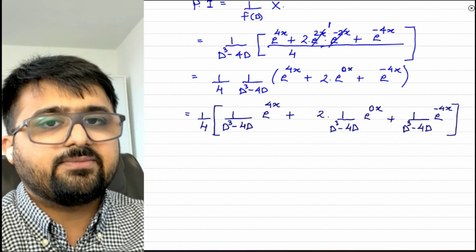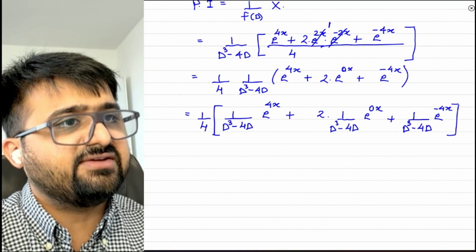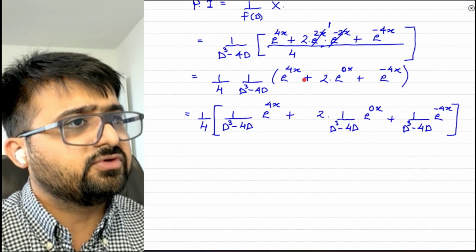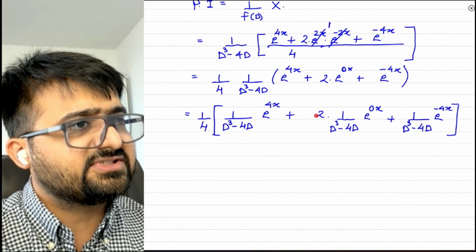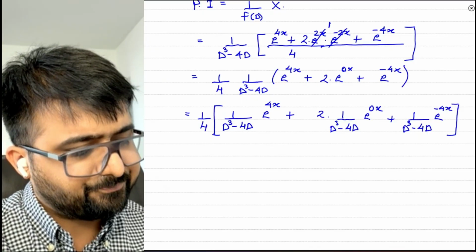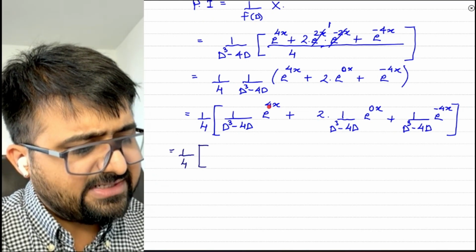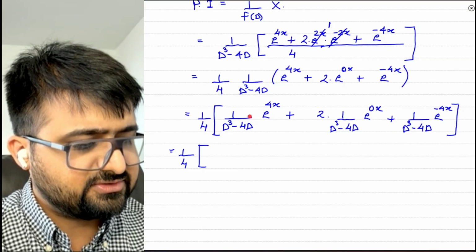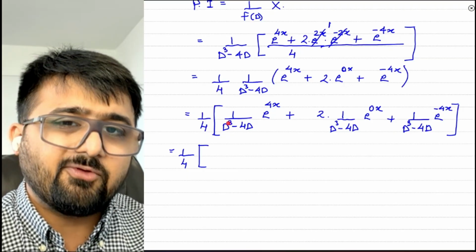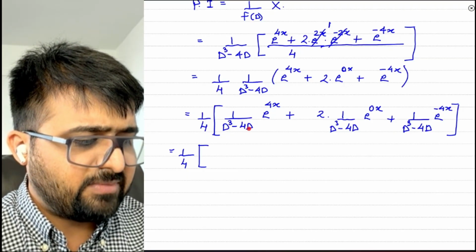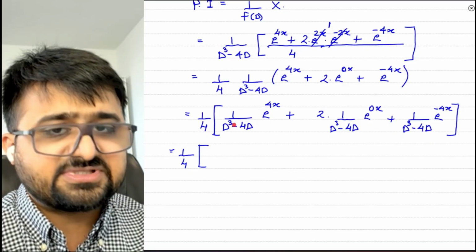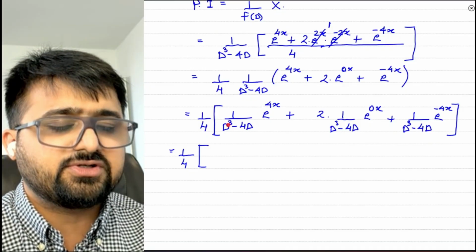I hope that makes sense so far. What I do is I give that operator to all of those functions, and this 2 is constant, so I can take it out of that operator. So this will become 1 upon 4. Now let's see if we can substitute 4 directly over here. If we substitute 4, this will become 4 cube, which is 64, minus 16. Since it is e to the power x, we can just substitute the value.